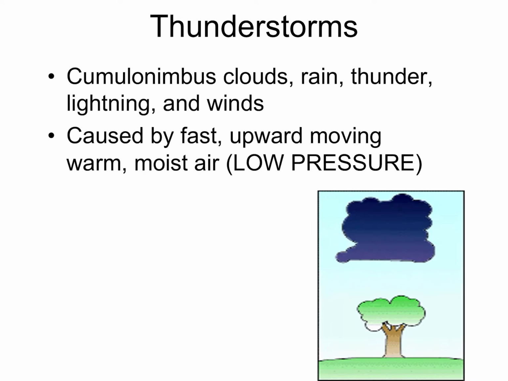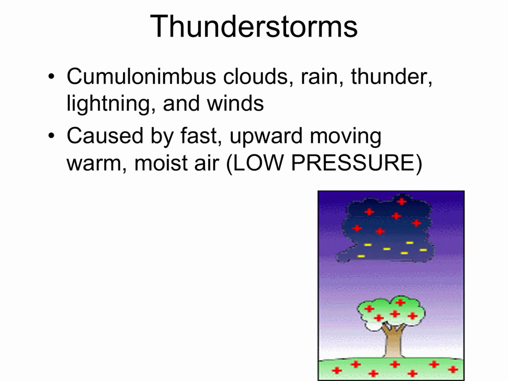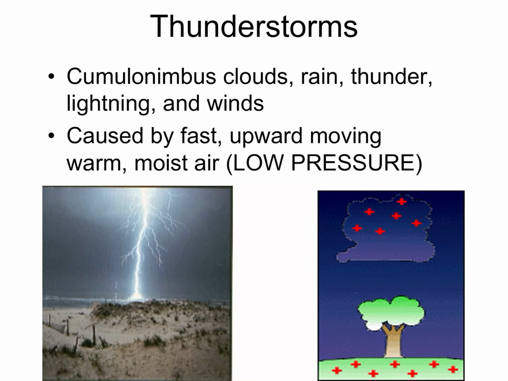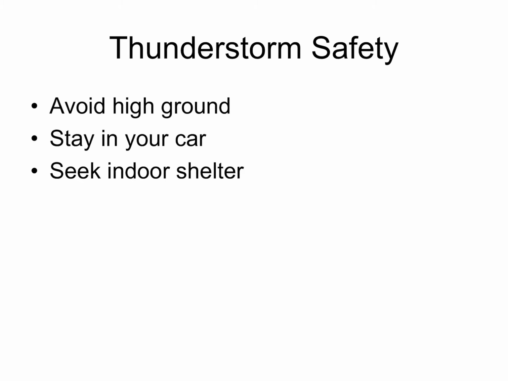Basically, it's a huge static discharge, like when you rub your feet on the carpet and then touch something and you shock, it's just that on a bigger scale. You got your electricity, which is electrons, which are negative charge, and they shoot down from the sky towards the positively charged Earth. That's essentially what lightning is.